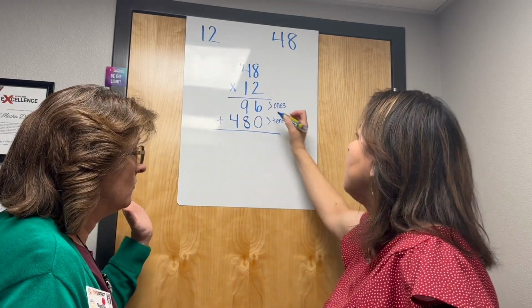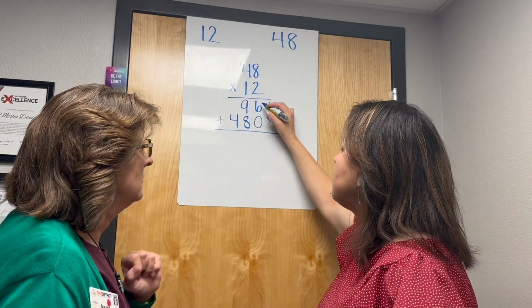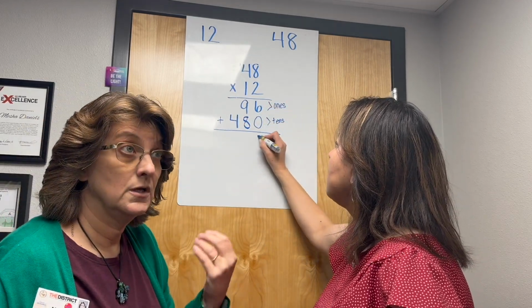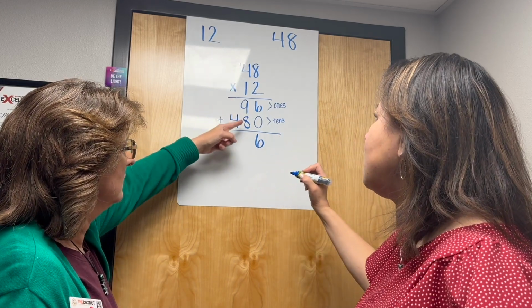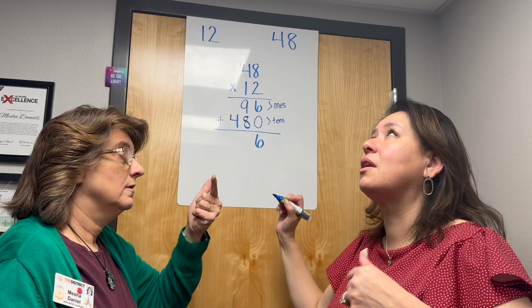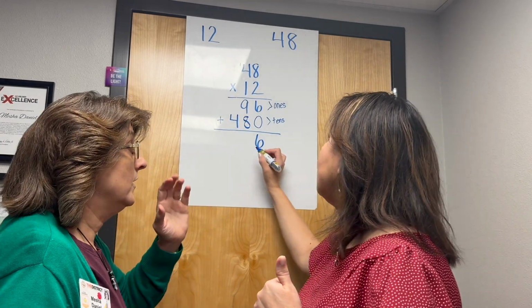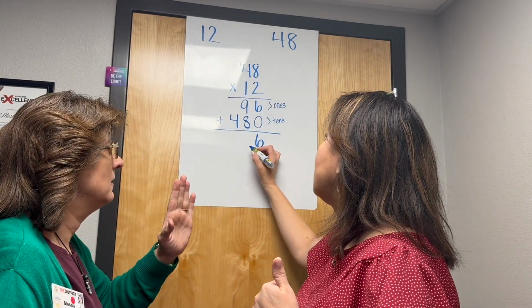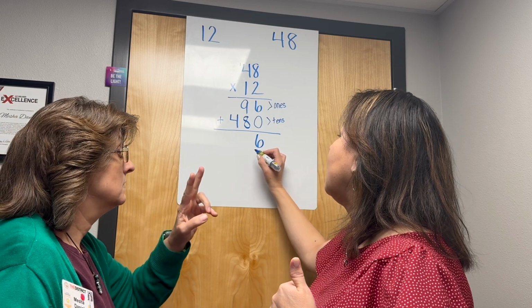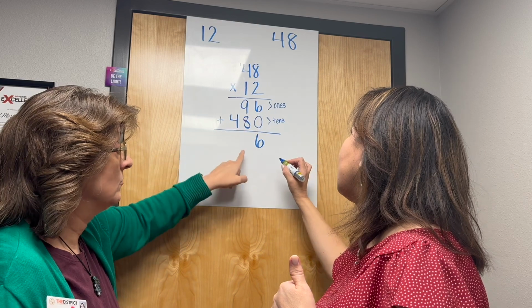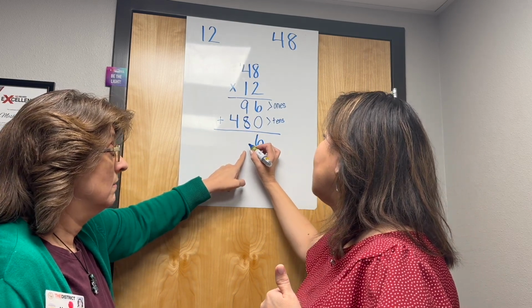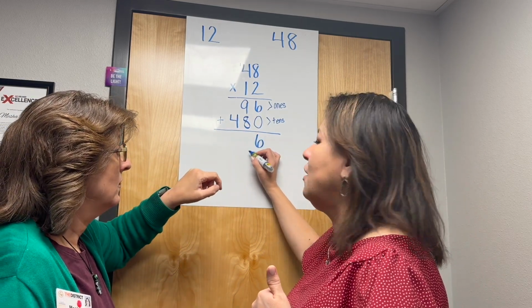Where do we start? We start at the ones place. So 6 plus 0 is 6. 9 plus 8, 17. It's got 2 numbers. What number is going to go here? Just like up here. Not 17.